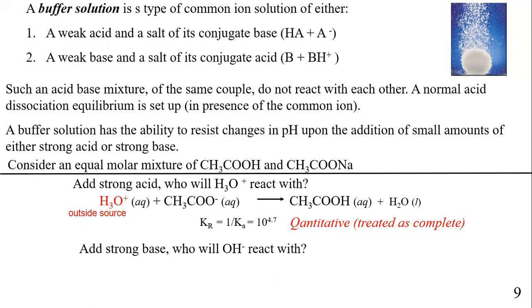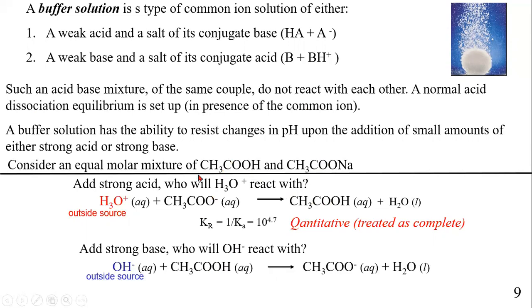If I have a strong base now in my system and I ingest some strong base, who will it react with? With the acetate ion or the acetic acid? Of course, a base will not react with a base, so the base will react with the acid. And now the OH minus from my outside source will react with whatever acid I have in solution.